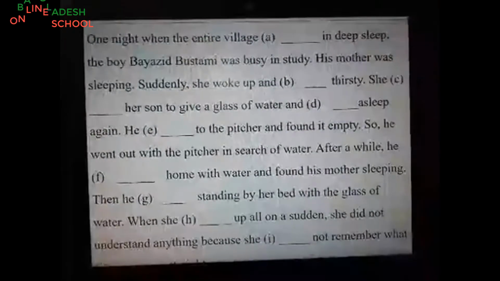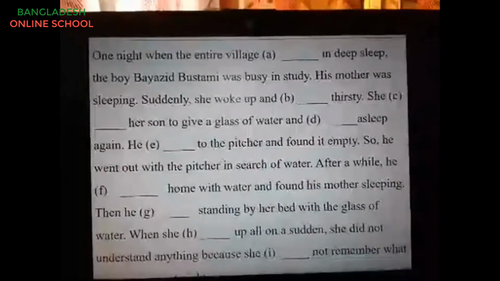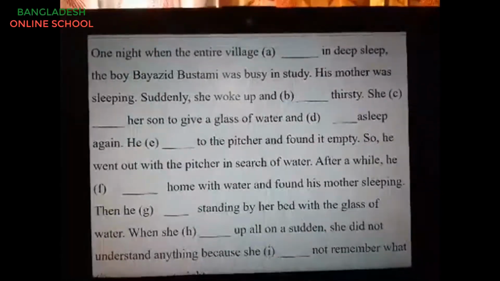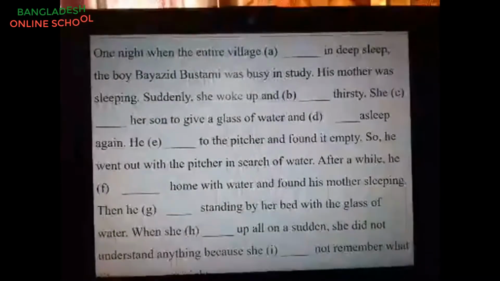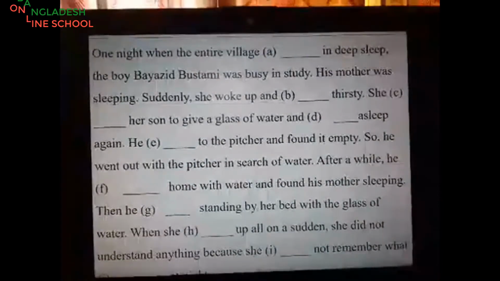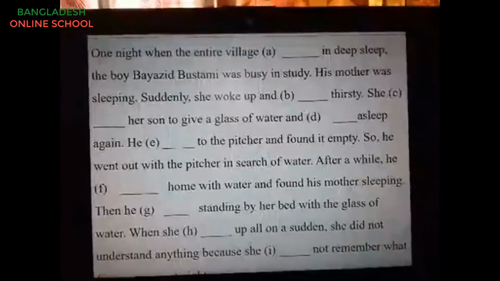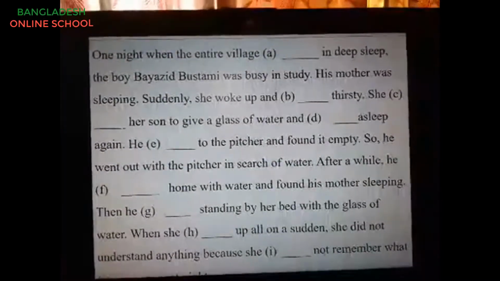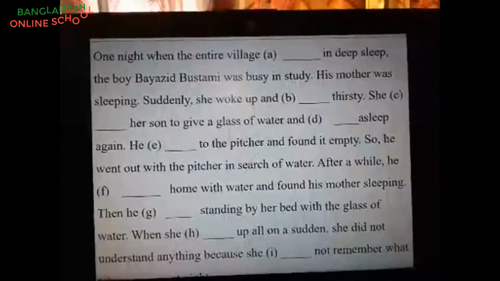Now let's see a passage regarding use of right forms of verb. Okay, you see a passage. This passage is written describing the past events or past things, past idea.